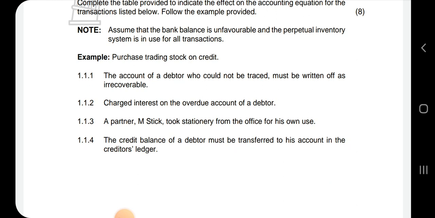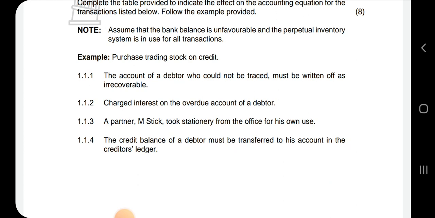That interest that we've charged on the debtor will fall under other income in the income statement, which means we have found other ways of getting income apart from our normal trading. That will also increase debtors, because the amounts that the debtor owes us will go up because of the interest charged. So that will be an increase in owner's equity and an increase in asset.